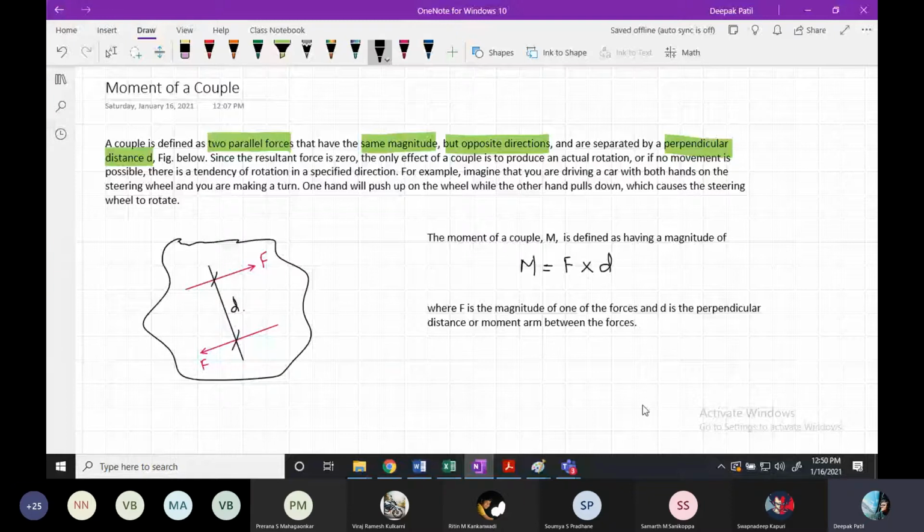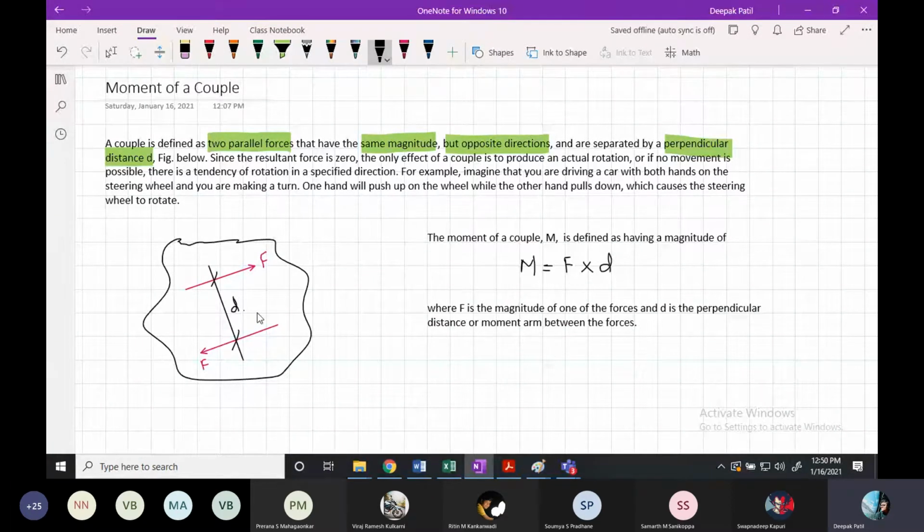That will be the magnitude of the moment of this couple. Here, F is the magnitude of one of the forces, because both forces have the same magnitude, and d is the perpendicular distance, or the moment arm as we call it, between the two forces.